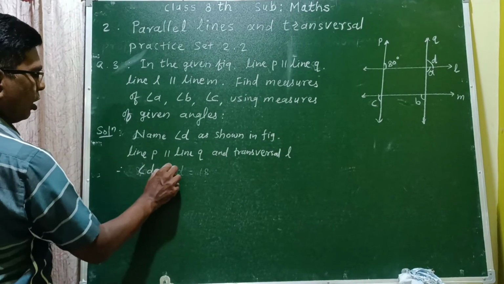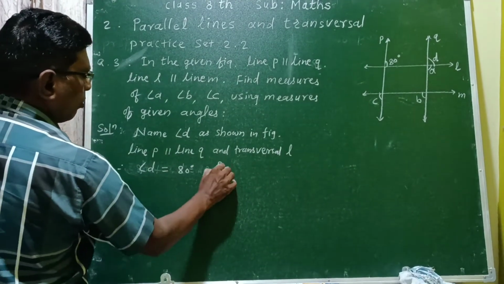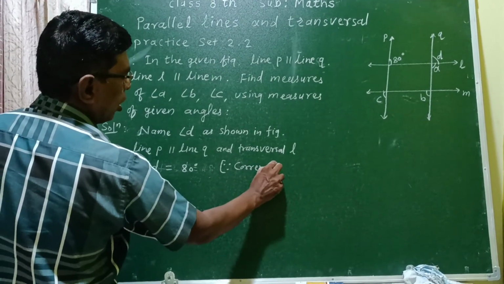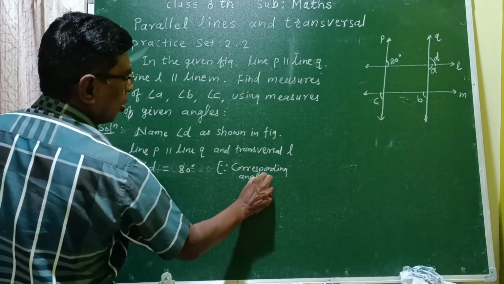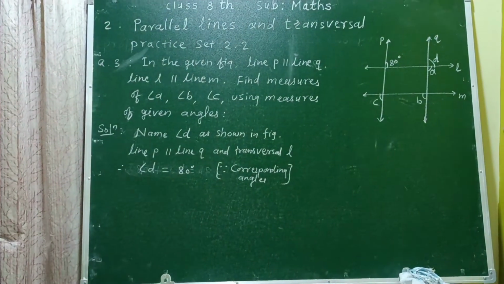Angle D is equal to 80 degrees because corresponding angles are congruent.